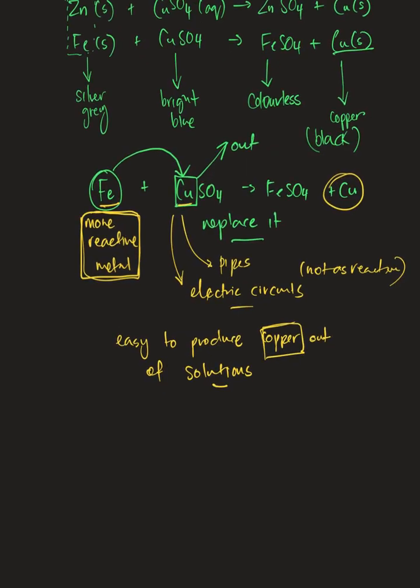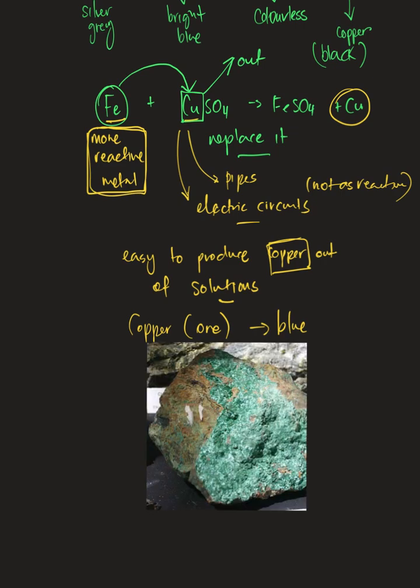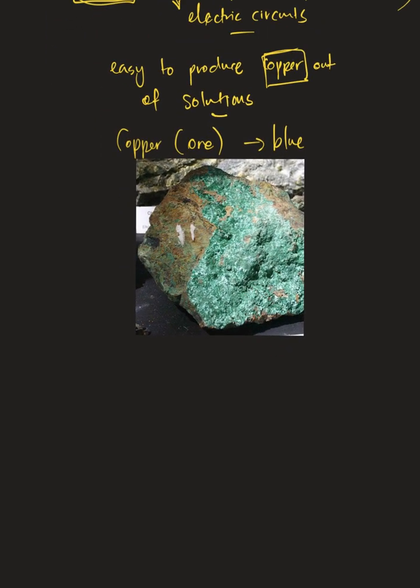So I want you to think about it like this. Copper in its raw form, in its copper ore, is blue in color, right? And in order to work with this copper ore, which is blue in color, I don't want that type of thing.